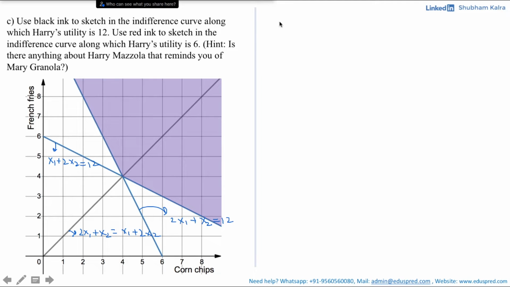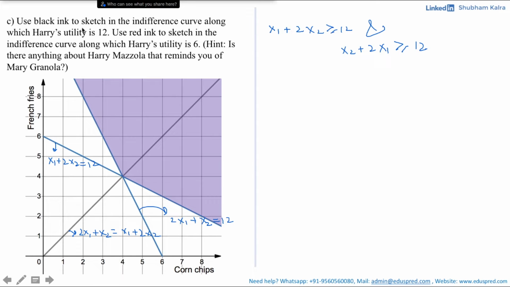And the shaded region corresponds to the inequalities x1 plus 2x2 is greater than or equal to 12 and x2 plus 2x1 is greater than or equal to 12. So this purple region corresponds to this inequality, where we are including this boundary line as we are dealing with the equality signs.